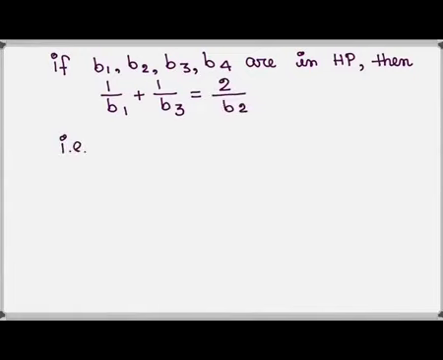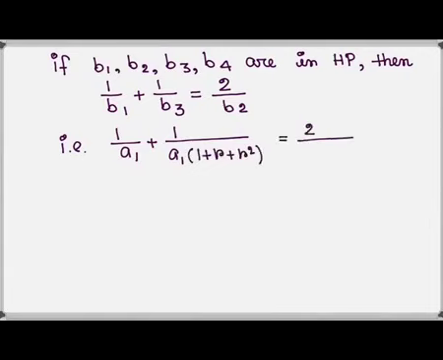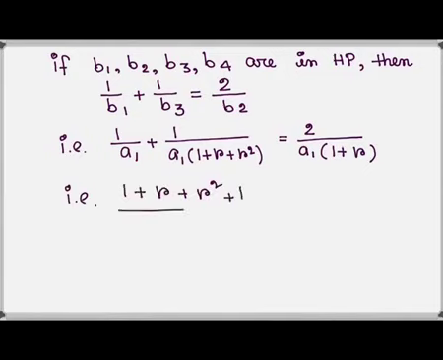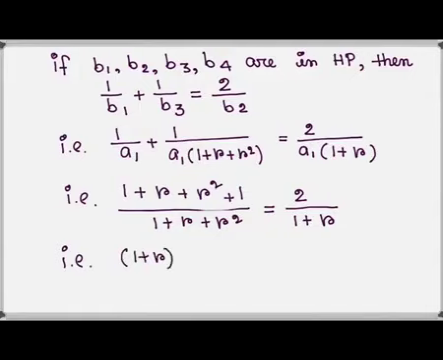That is, we shall have 1 by A1 plus 1 by A1 into 1 plus R plus R square is equal to 2 by A1 into 1 plus R. That is, we shall have 1 plus R plus R square plus 1 divided by 1 plus R plus R square is equal to 2 by 1 plus R. That is 1 plus R into 2 plus R plus R square shall be equal to 2 into 1 plus R plus R square.